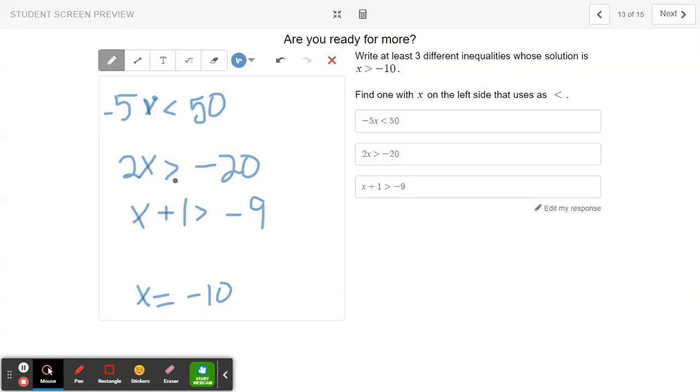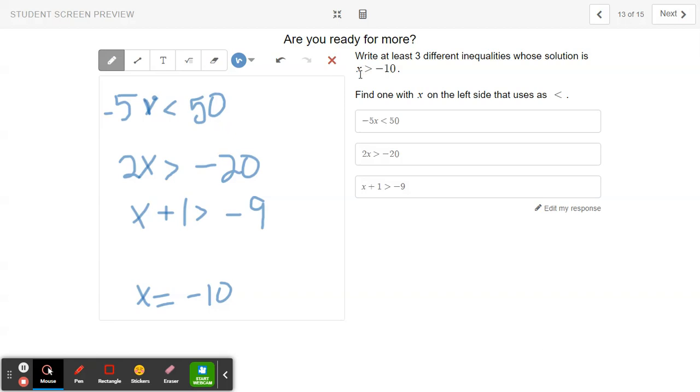And then I just did the same thing with these. I came up with, okay, 2x equals negative 20 because 2 times negative 10 is negative 20, right? And then I double checked what would make it true so that the answer has to be bigger than negative 10. Well, negative 9 is again greater than negative 10, so I chose that.